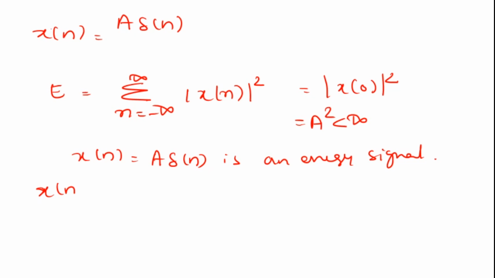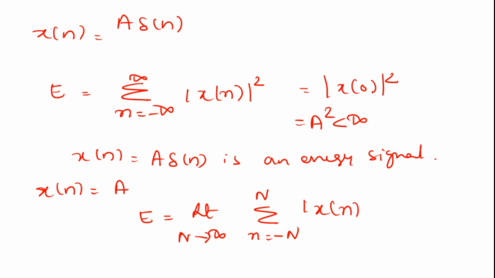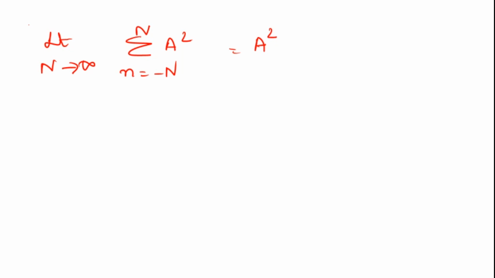x of n is equal to A. Then E is equal to limit N tends to infinity summation n is equal to minus N to plus N mod of x of n whole square, or limit N tends to infinity summation n is equal to minus N to N A square, which is equal to A square into limit N tends to infinity of 2N plus 1.